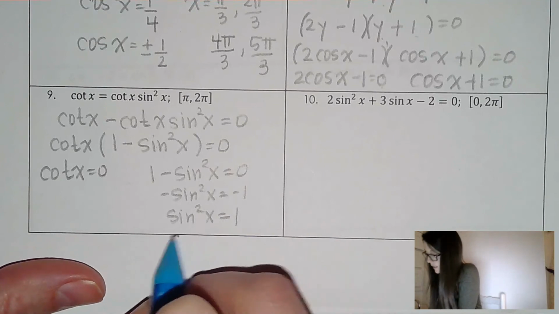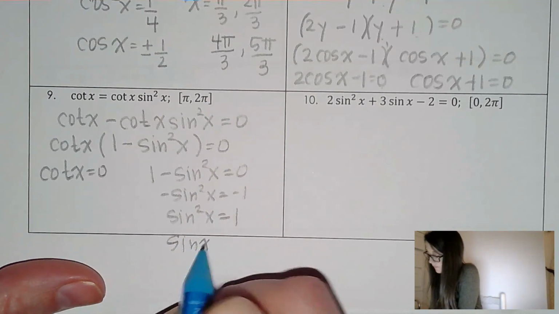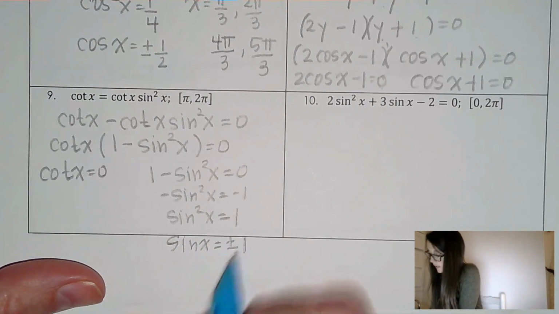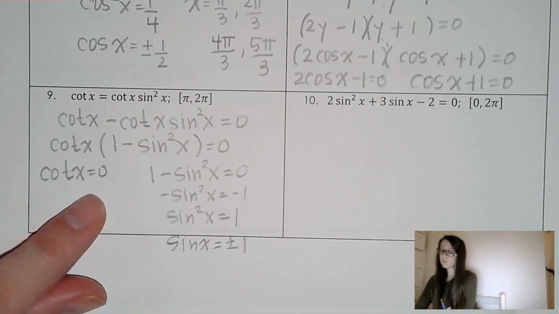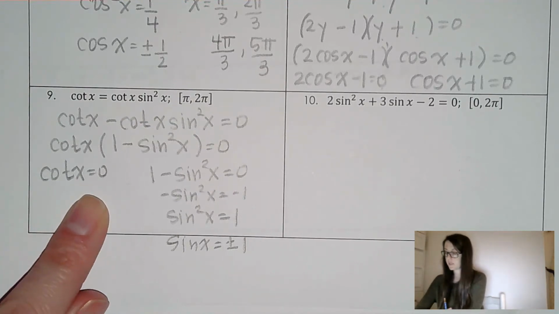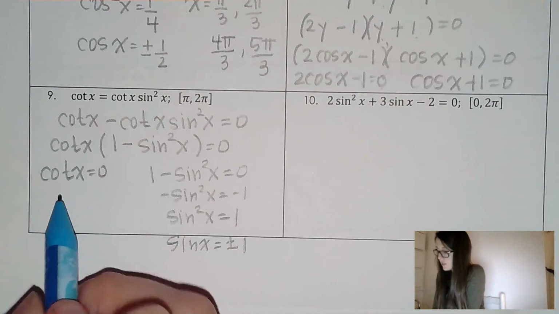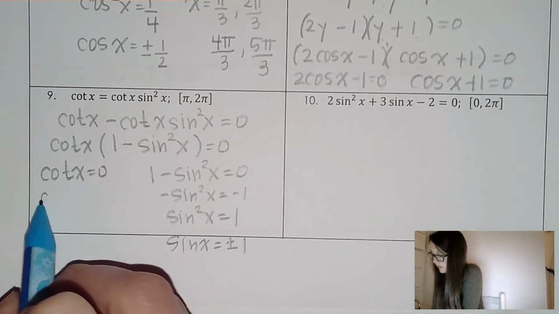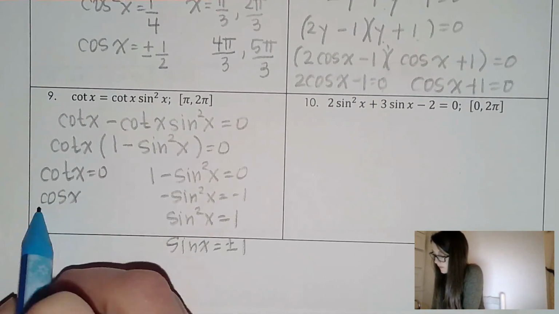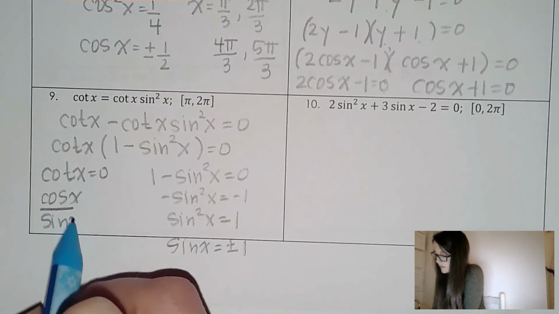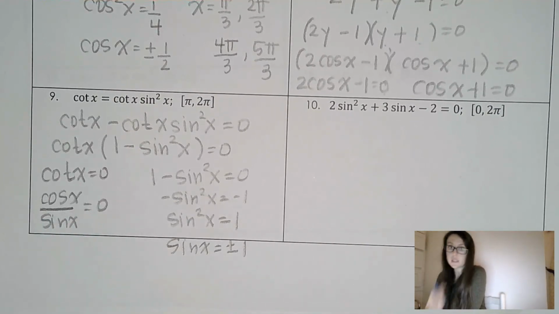So where is sine going to be plus and minus 1? And where is cotangent going to be equal to 0? So cotangent is cosine over sine, right? So don't forget about that. So where is cosine over sine equal to 0?